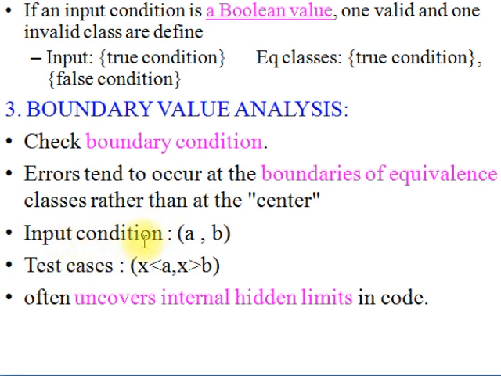If your input condition is a, b, that is, your number is from a to b, any number which is less than a or greater than b will be considered an invalid input. It is used to uncover internal hidden limits in your code.